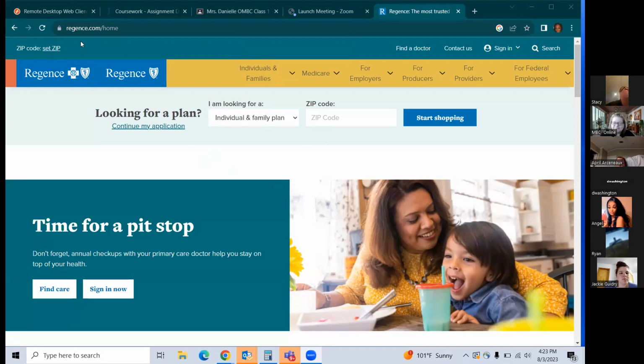So if I needed to know what modifiers to put on telemedicine for Regents Blue Cross Blue Shield specifically, I would go to their website. The good old search engine is always our friend.